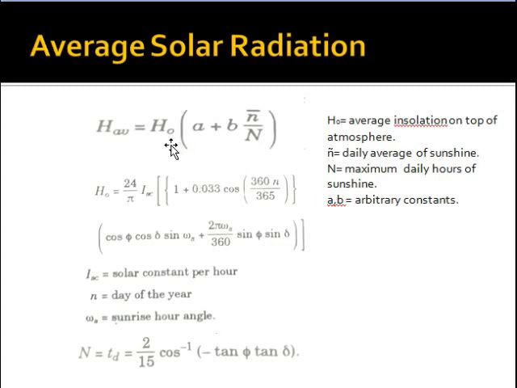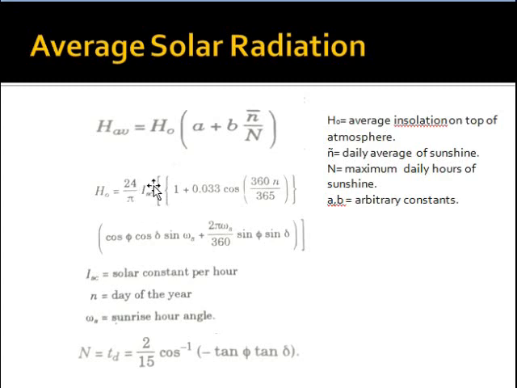To get H naught, we can use this formula: 24 by pi into ISC, which is a constant, the solar radiation intensity constant. It is 1.3 kilowatt per meter square.